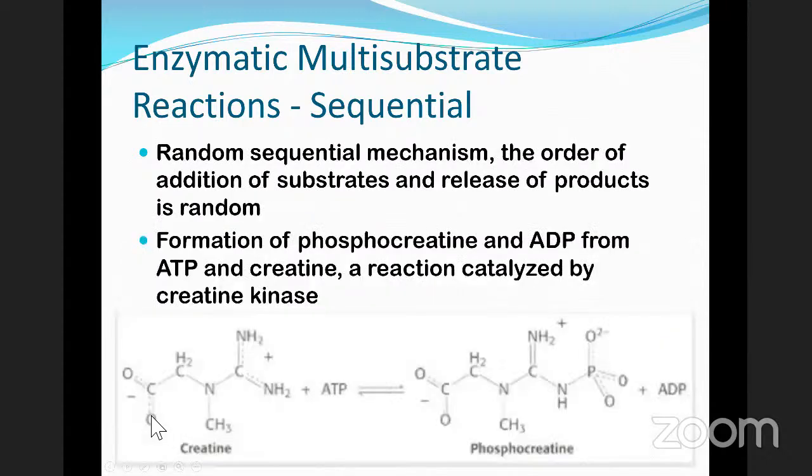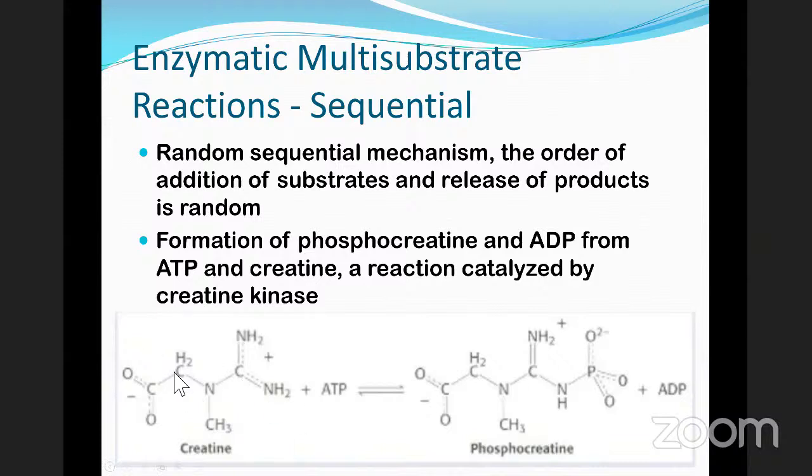Okay. Random sequential mechanism. So the order of substrates and release of products, of course, would be random, such as in the formation of phosphocreatine and ADP from ATP and creatine. So this would be catalyzed by your creatine kinase.